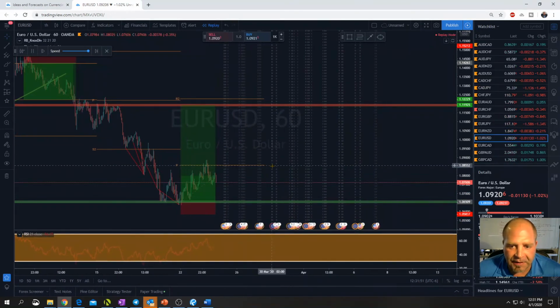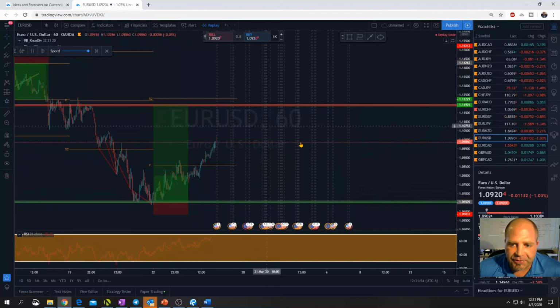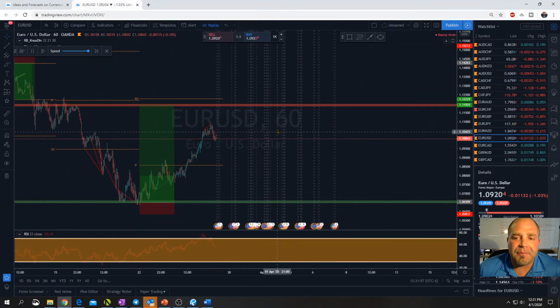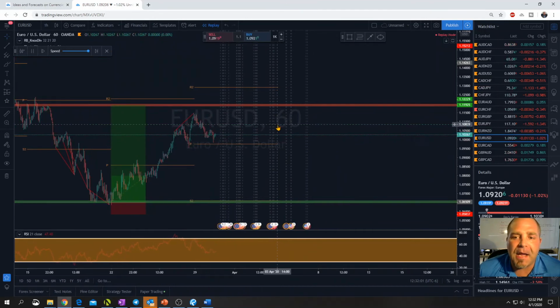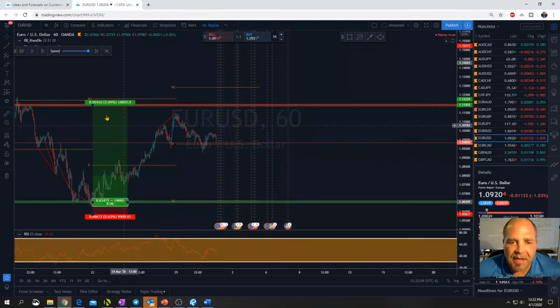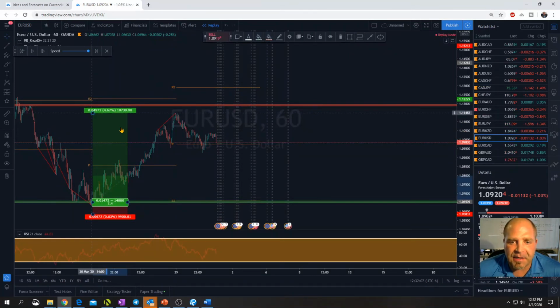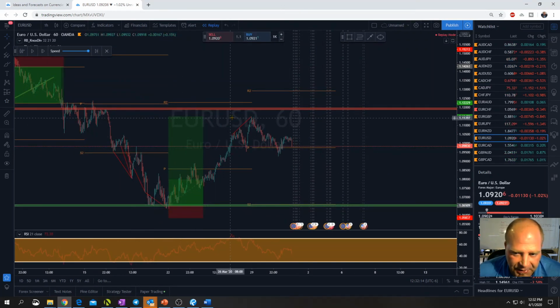We hit our pivot. We're shooting up, and because of our patience, we are maybe going to get there. I don't know. Either way, look at how close we got, guys. We got all the way back up here. And that is a great trade. And that's how you make money on a buy trade.